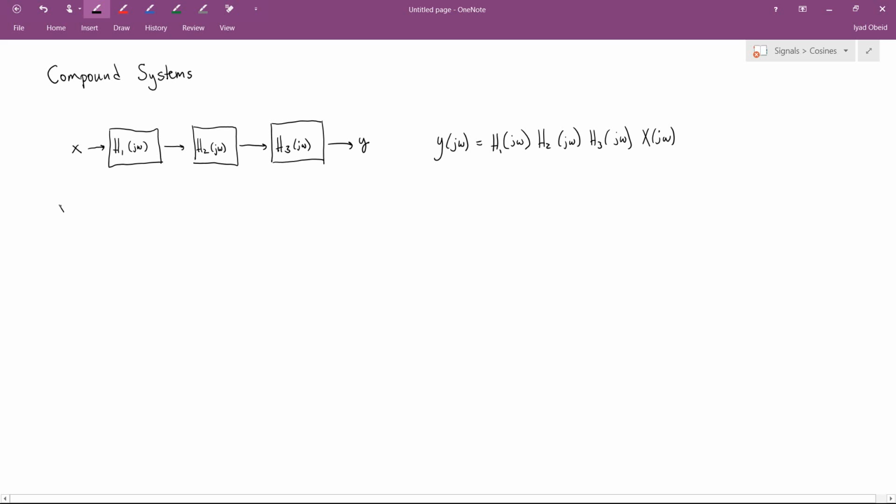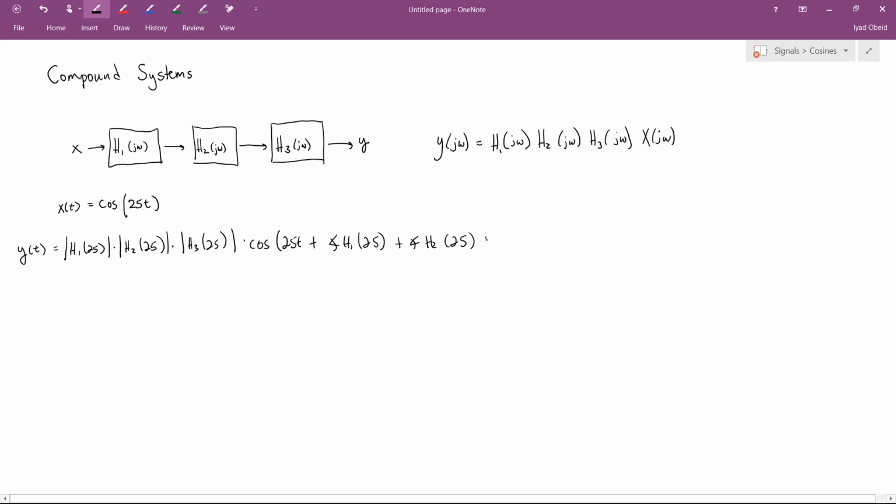So for example, if x(t) was, let's just say some cosine at, I'm going to pick a number arbitrarily, 25 rad/s, then the output would still be a cosine at 25 rad/s, but its magnitude would be adjusted by the magnitude of H1 at 25 times the magnitude of H2 at 25 times the magnitude of H3 at 25, times cosine of 25t plus the angle of H1 at 25 plus the angle of H2 at 25 plus the angle of H3 at 25.